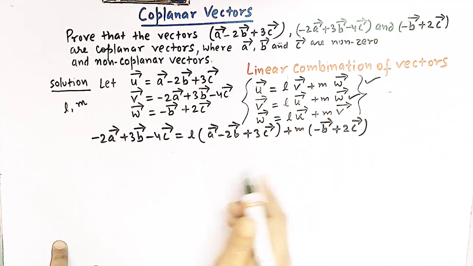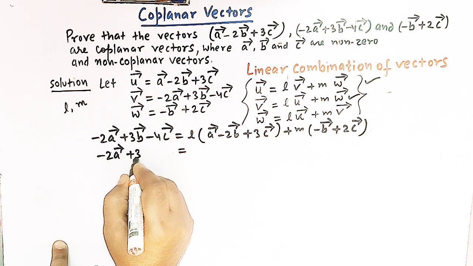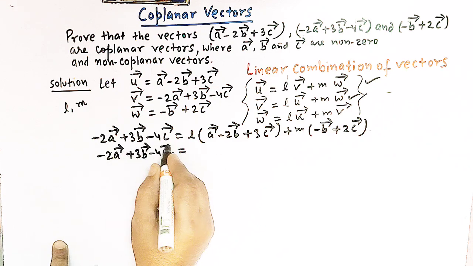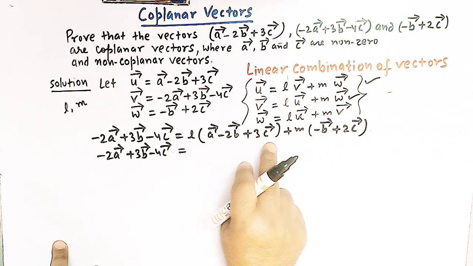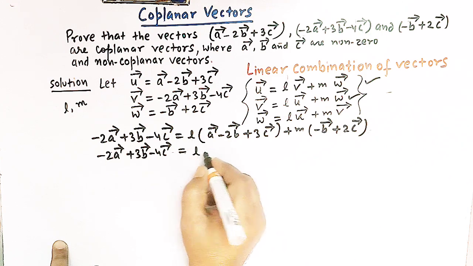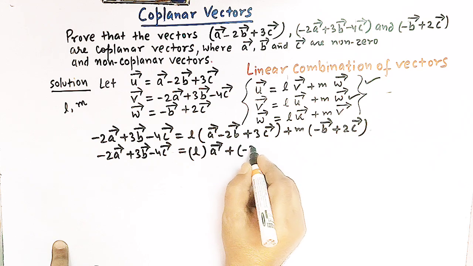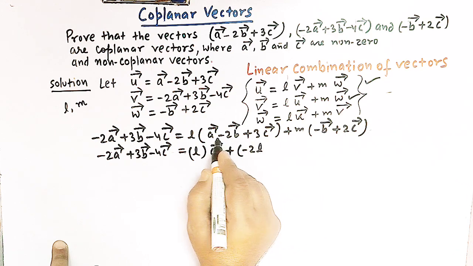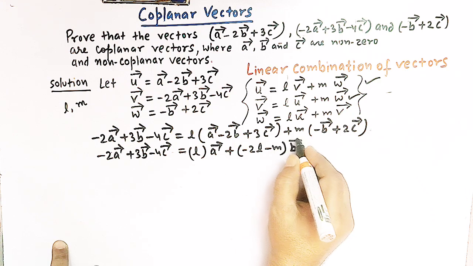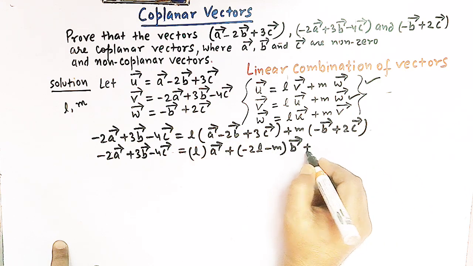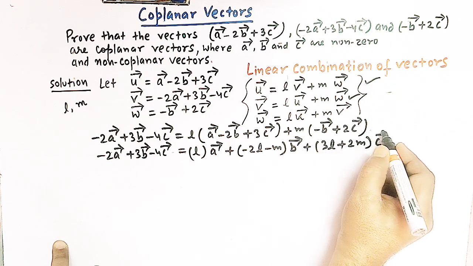So now let us follow the same steps. So here we have minus 2a plus 3b minus 4c, and here we can collect the coefficients of vector a, vector b, and vector c. So here we have simply L times vector a, and here we have minus 2L, and here we have minus m, and here we have vector b, and then we have here 3L plus 2m and vector c.